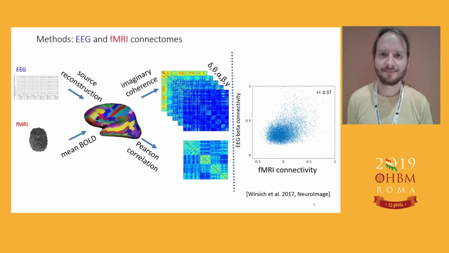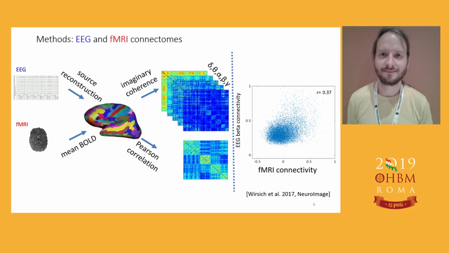The first idea here is to take a concurrent EEG-fMRI resting state recording, and source reconstruct the EEG back into the brain, into the same atlas where we also have our mean BOLD activity.